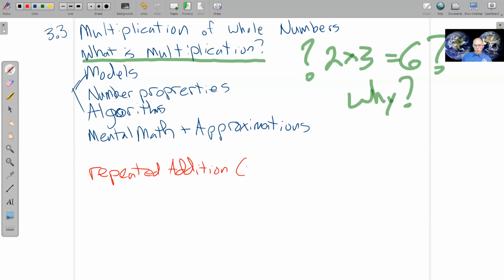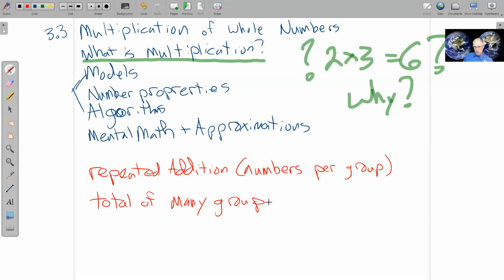Also numbers per group. Both good. To find the total of many groups.